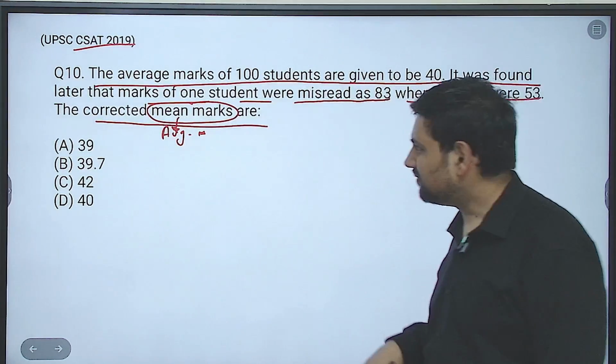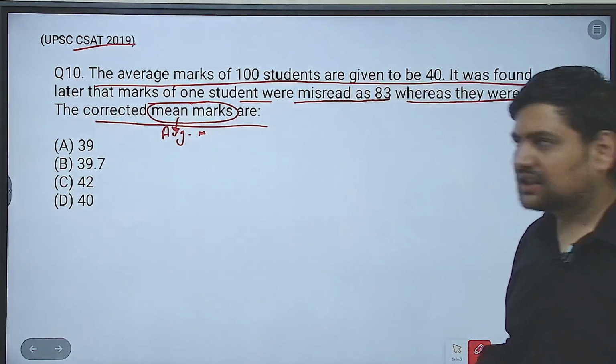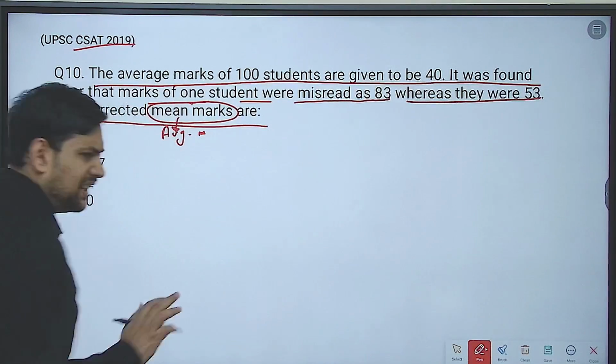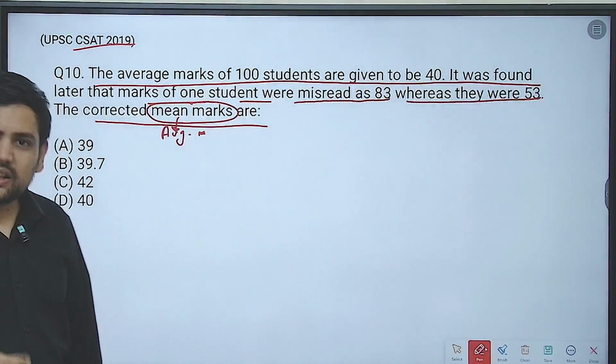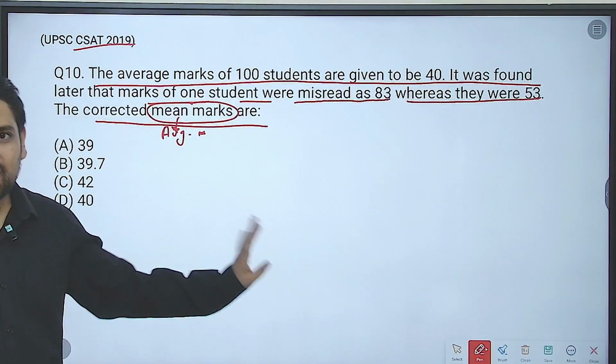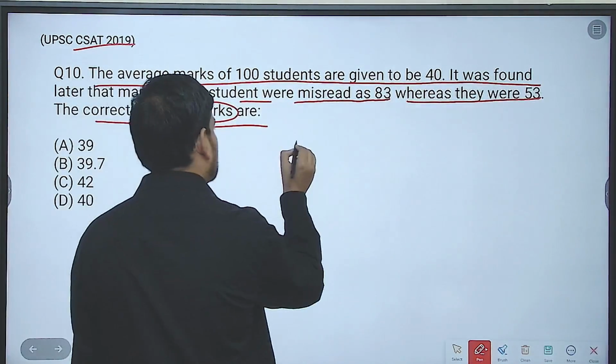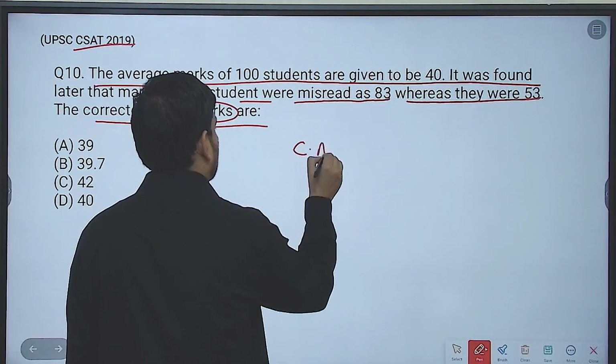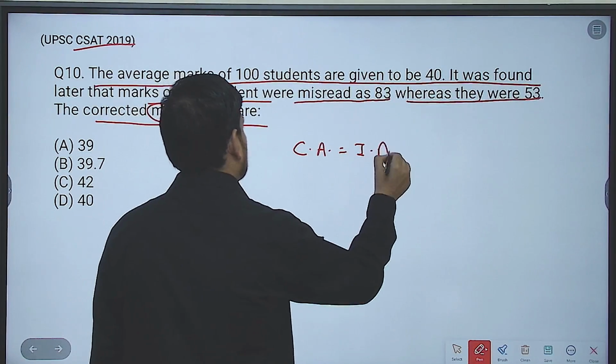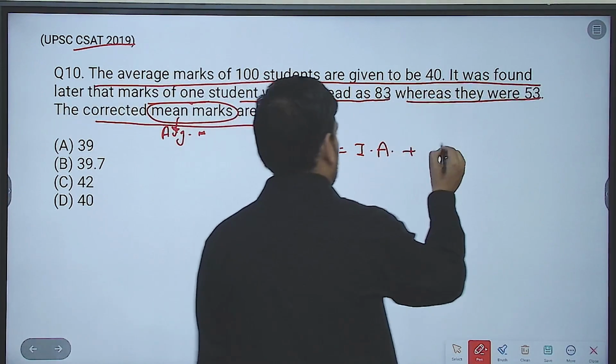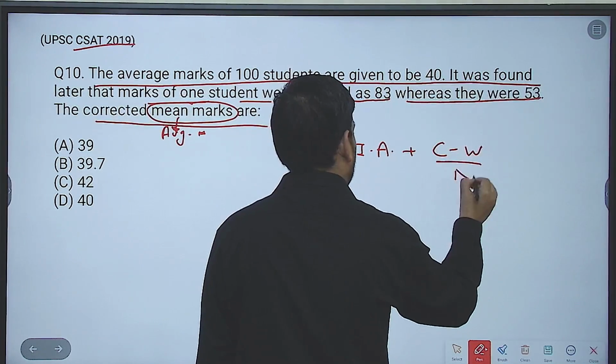Now for this there are many ways. There is one very simple formula. It is very intuitive also. I will write this and then explain. Corrected average equals incorrect average plus (correct minus wrong) by n.